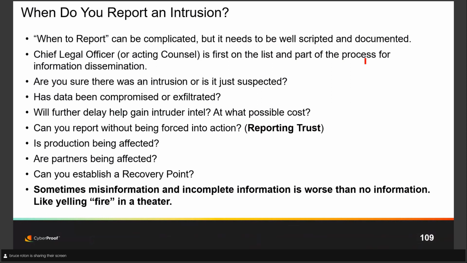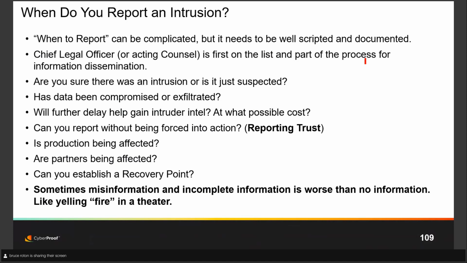Do I need to make this a public notification? What are my legal requirements? Are you sure there was an intrusion, or is it just suspected? That's a critical question because announcing it a little bit early and giving misinformation or incomplete information may be worse than no information. It's kind of like yelling fire in a theater.